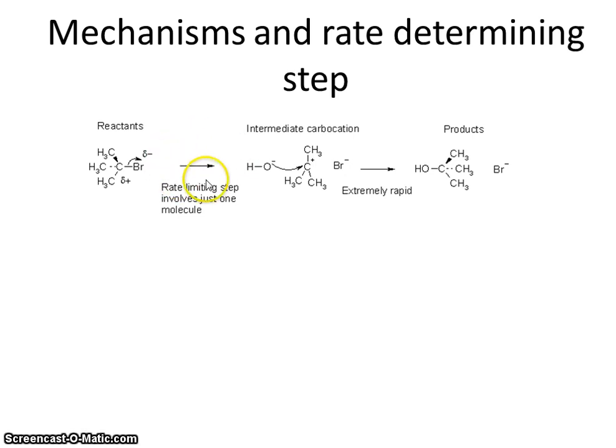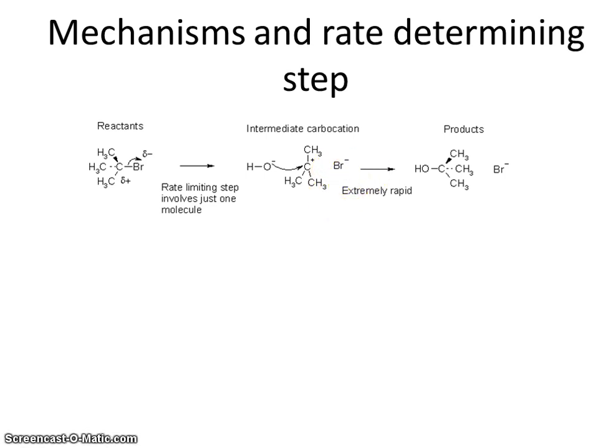So you'll be familiar with organic mechanisms here, showing, in this case, bond breaking and bond forming. Here's a halogenoalkane reacting eventually with a hydroxide ion to produce an alcohol. So we've got two steps that are part of this mechanism, and they have different rates. One of those steps is extremely rapid and one is much slower.